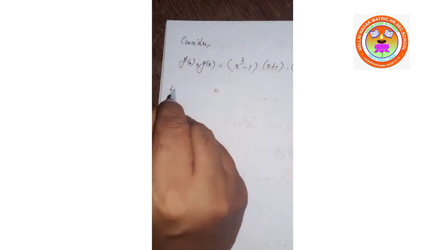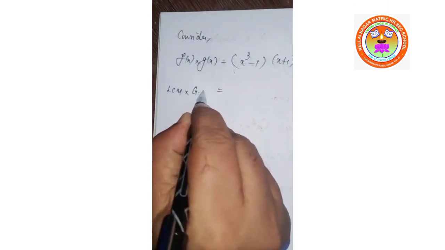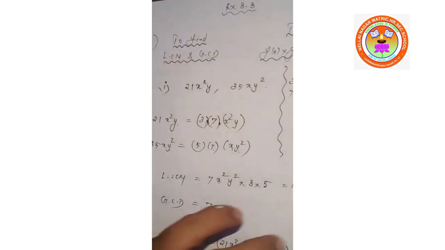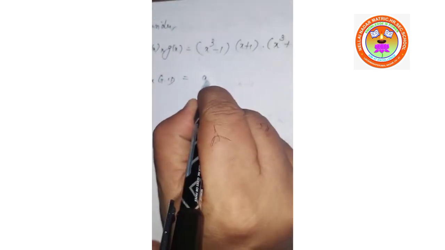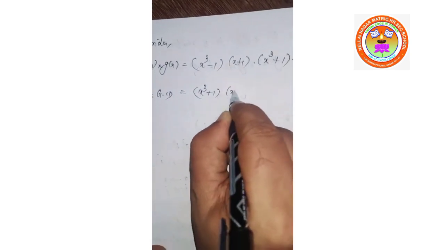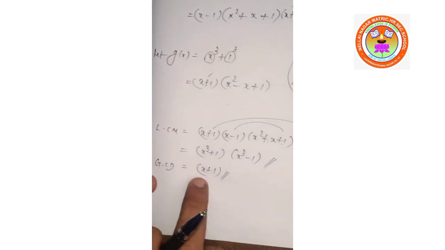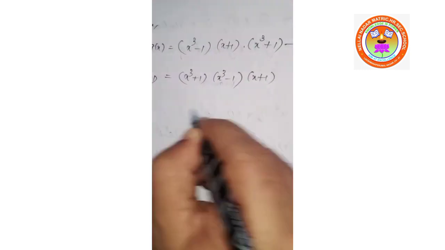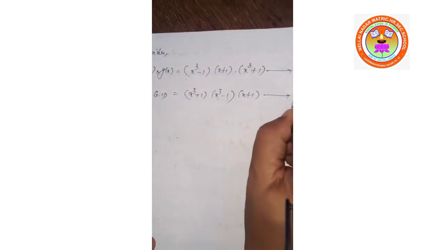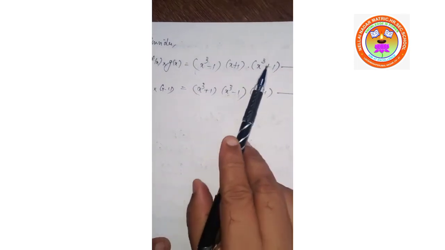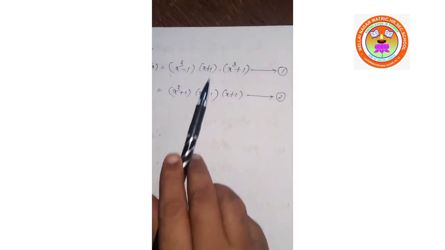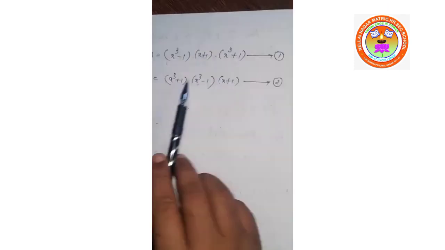Now LCM into GCD. The LCM is x cube plus 1 into x cube minus 1, into the GCD, which is x plus 1. Look at that, everything is a product only. x cube minus 1, x cube plus 1, x plus 1, the same only, just the order changed.